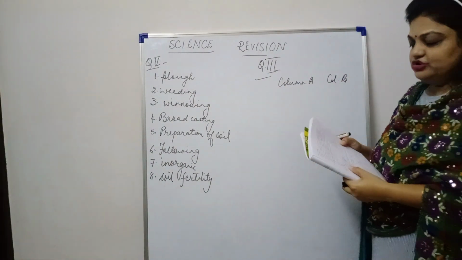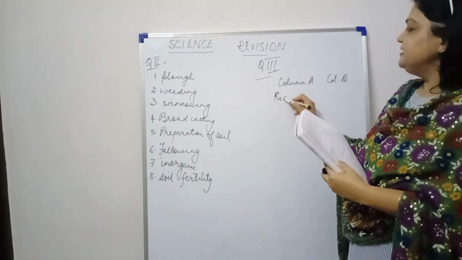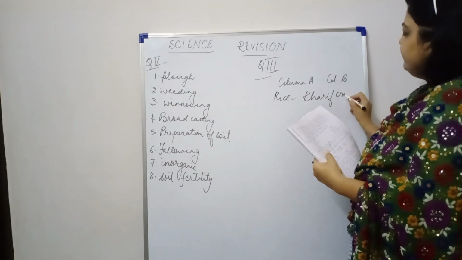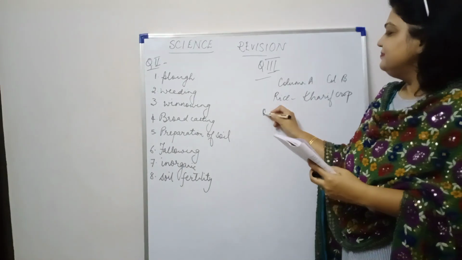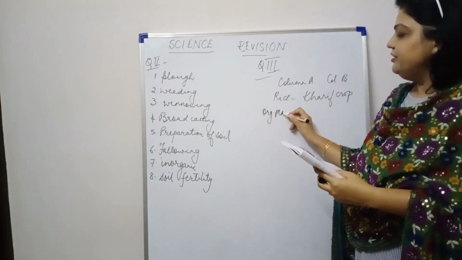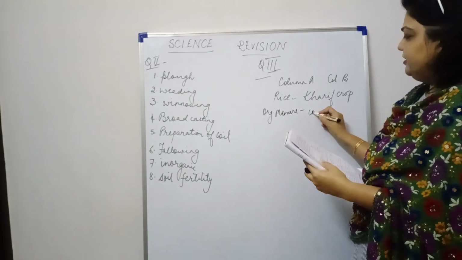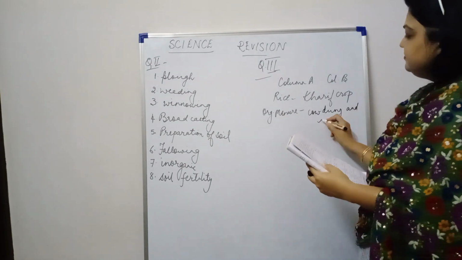Rice. Rice should match with kharif crop. Okay, so it will be rice, it will be kharif crop. So in front of kharif crop, you can write number 1. Next is organic manure. It should go with B, that is cow dung and plant waste.